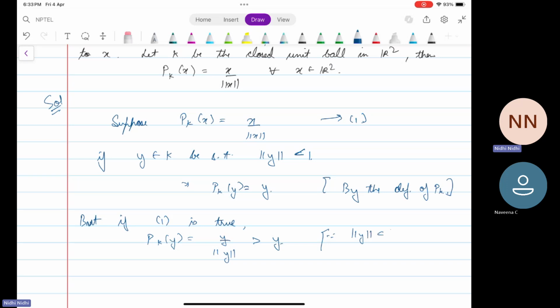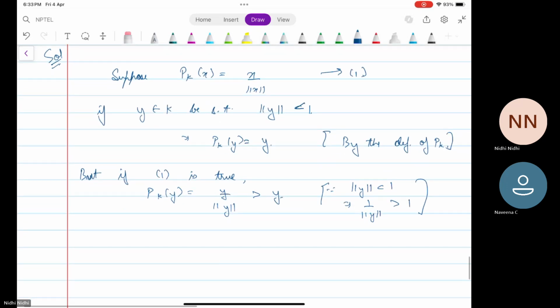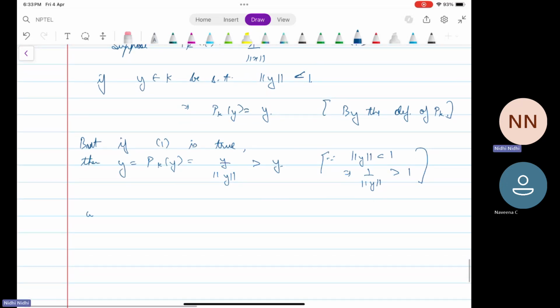See, norm y is strictly less than 1, so 1 by norm y is strictly greater than 1. Which gives us a contradiction. Hence, the given statement is false.